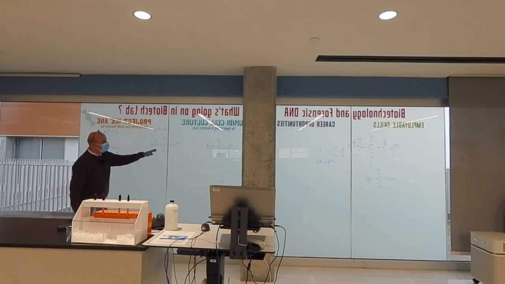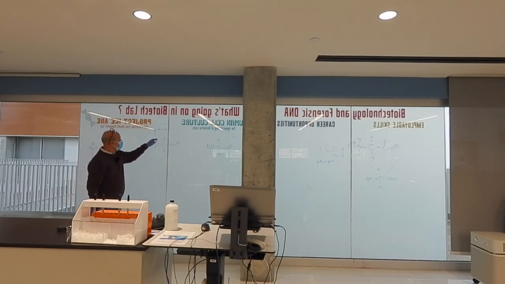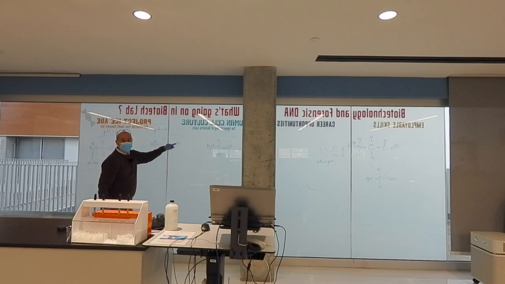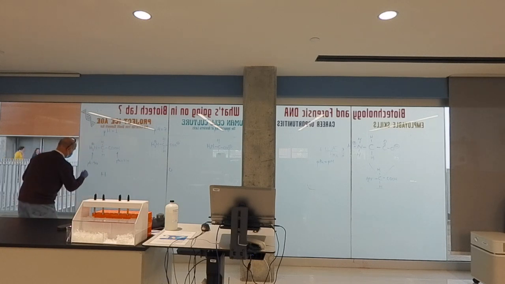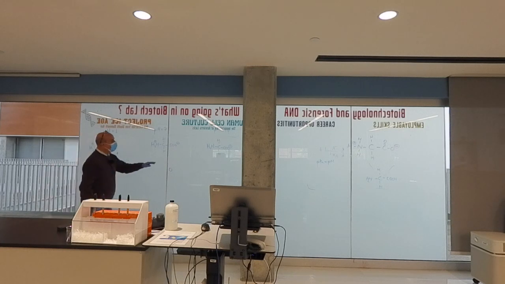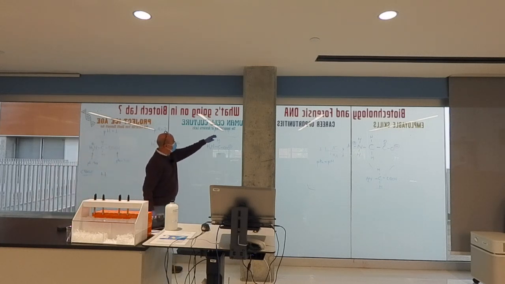What is the charge of this molecule at pH 7? +1, -1, 0. So the charge is 0. And what is the charge of this glycine at a pH of very basic of 14? 0 and -1, -1.